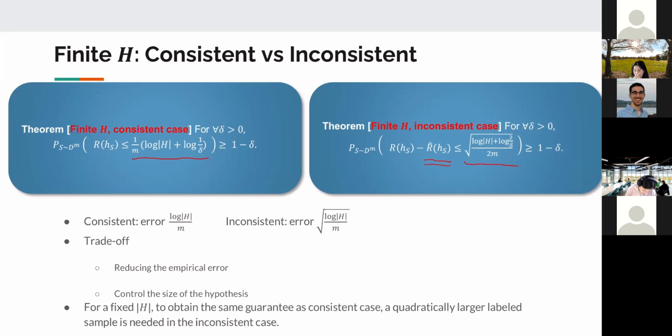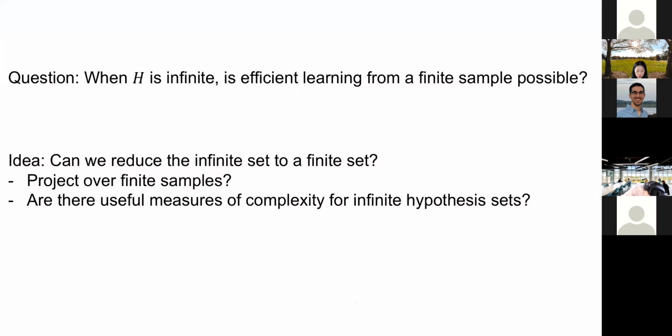So you can see this subtle trade-off between these two. All right. So any questions here? Now I'm going to move along.